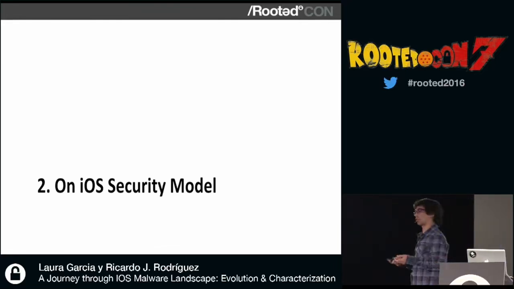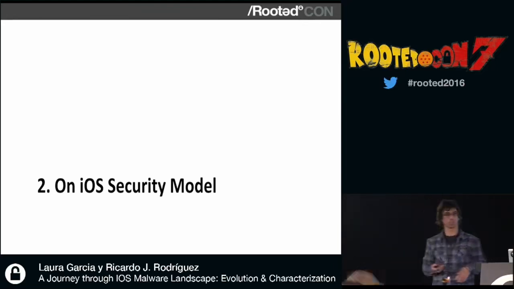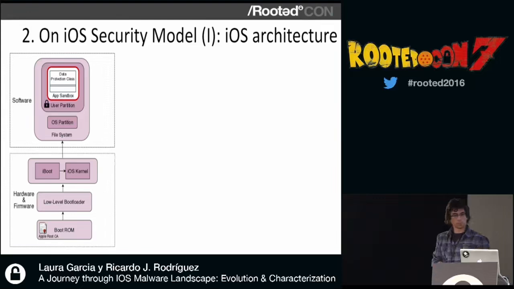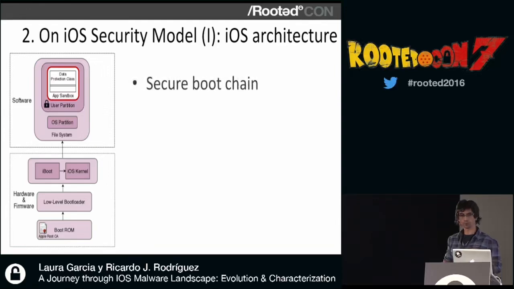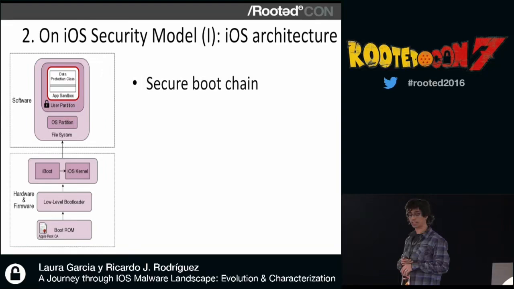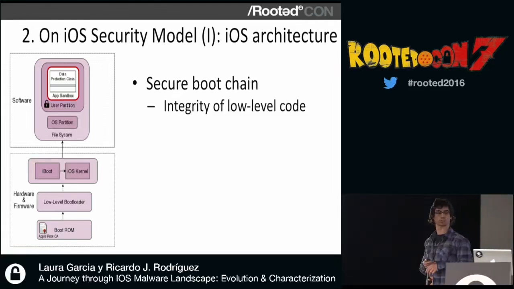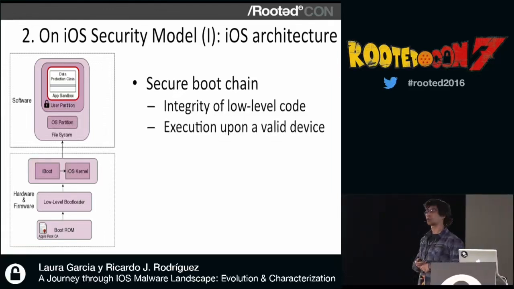before talking about iOS malware, I need to tell you about the iOS security model and its architecture. On the left, you can see the architecture that has to do with iOS. iOS follows a boot chain that verifies the integrity of low-level code. We secure the boot chain.